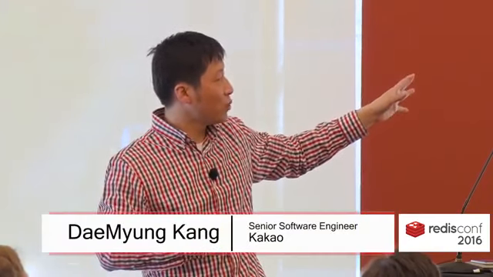Let's see the diagram. There is a ZooKeeper. The application servers are the API servers. API servers get the Redis server's address from ZooKeeper. And the Redis cluster monitor also gets the server list from ZooKeeper. Using this information, the Redis cluster monitor checks the Redis servers' health. When some Redis fails, the Redis cluster monitor changes the value.